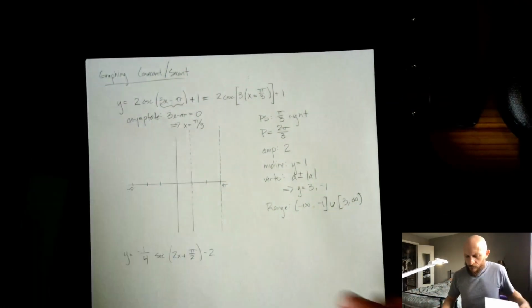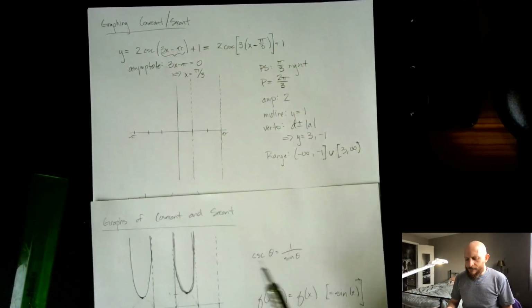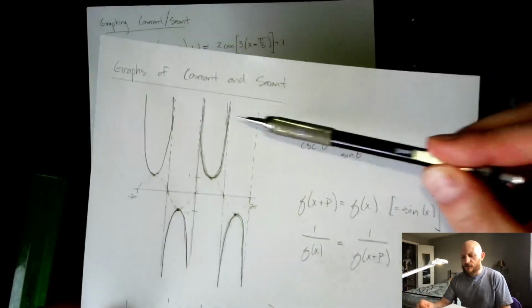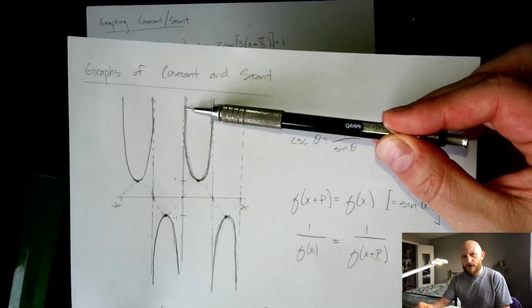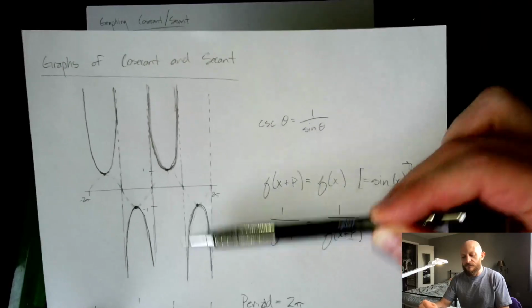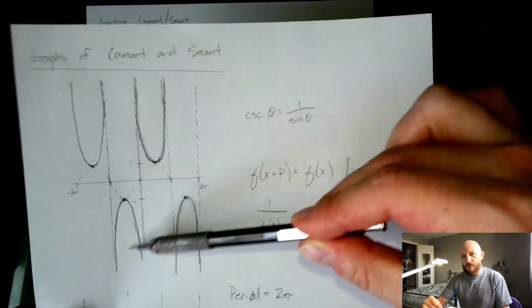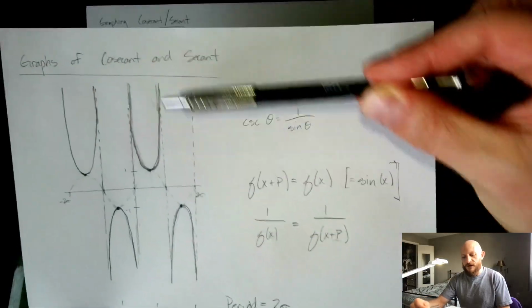All right, so I said that plotting these asymptotes so far is only half of the story. The reason is that with cosecant, and the same with secant, one full period is two of these U's. So this graph right here is two periods. Here's one period, here's the second period.